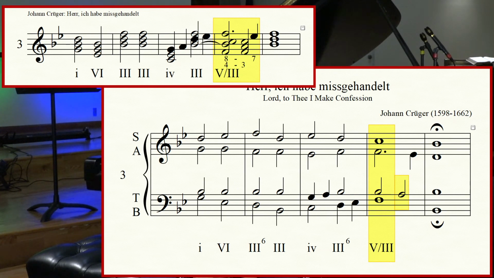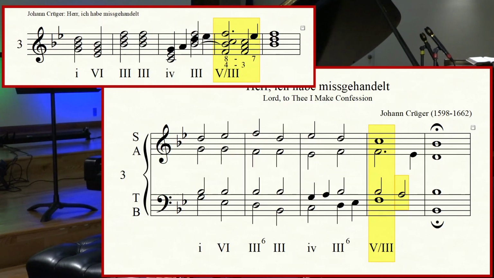But if you were to isolate these two measures, what you have is a 5-to-1 harmonic progression with, of course, the 4-3 suspension, which we saw last time, and the 8-7 also brought in, meaning that he's bringing the 7th of that chord on the last beat before he resolves it. The only difference between this and what we saw last time is that this one works in B flat major, the one last time worked in the original key of G minor.